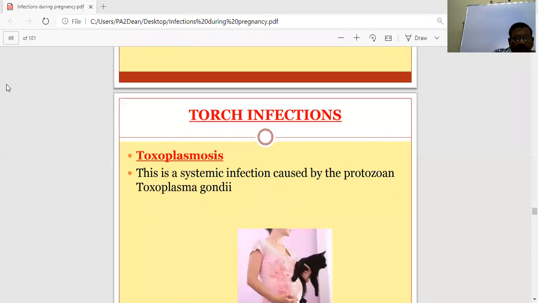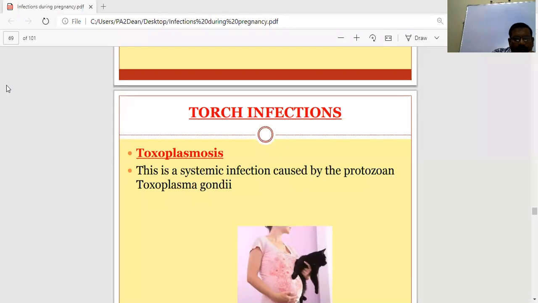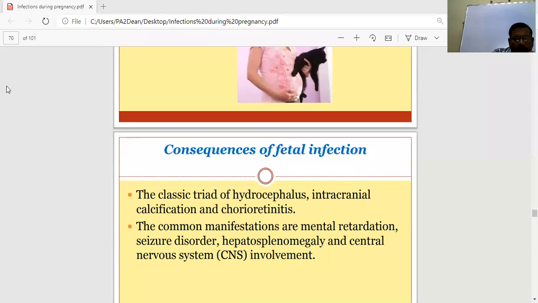Coming to the other infections, TORCH infection. This is toxoplasmosis. This is a systemic infection caused by the protozoan Toxoplasma gondii. Consequences of fetal infection: why are we that much scared regarding toxoplasmosis?